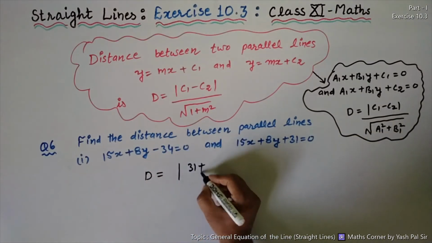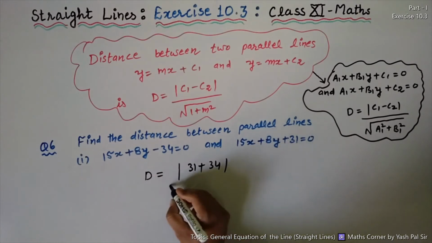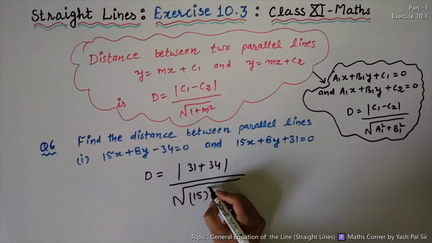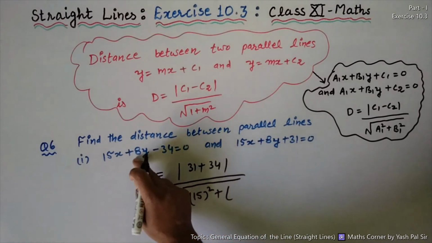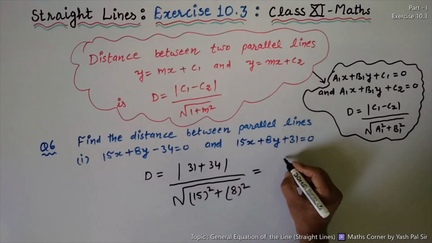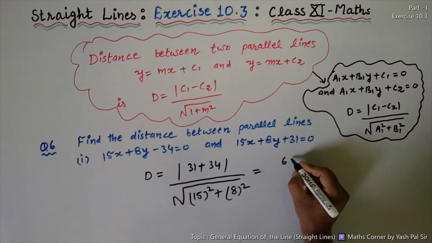So how to find d, the distance between these two parallel lines? Modulus of 31 plus 34, whole divide by square root of coefficient of x, which is 15, its whole square, plus coefficient of y, which is 8, its whole square.